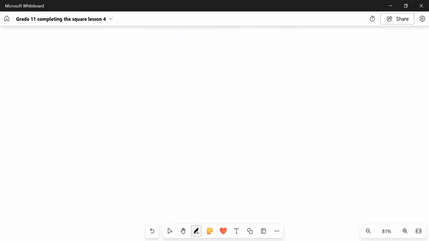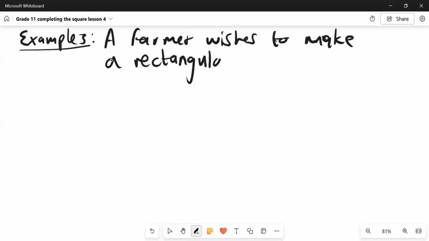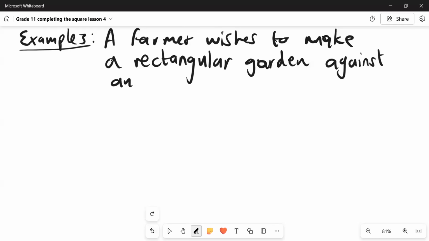here they're saying for example 3, a farmer wishes to make a rectangular garden against an existing wall.